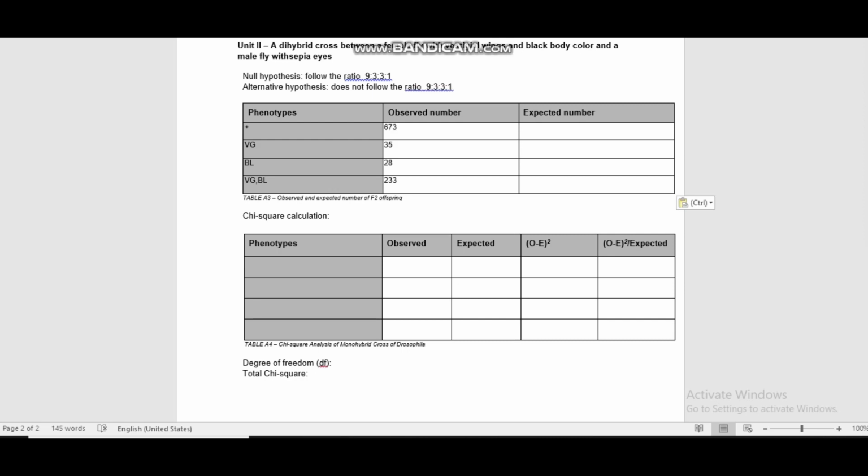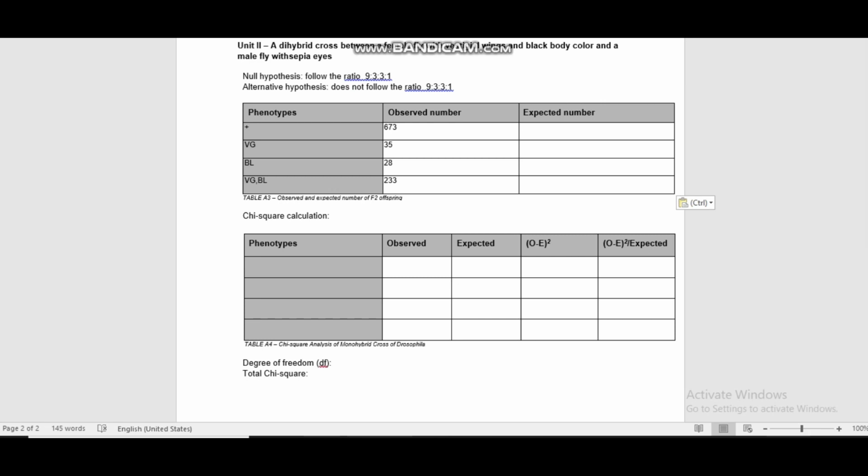So for the phenotype wild type, the observed number is 673, and for the wing size is 35. For the body color black is 28, and for the vestigial and black is 233.